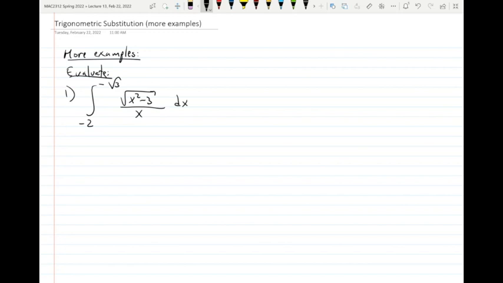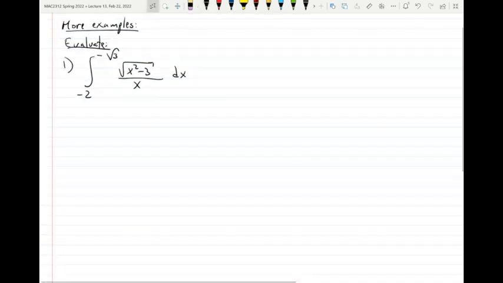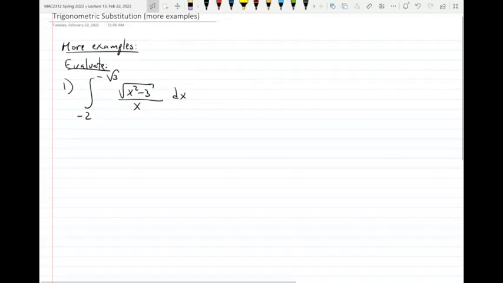Last time we did the same integral, but it was from square root of 3 to 2. Now I'm changing the limits. I'm making them negative. We're going to do this one, and then two more. The substitution is very similar to what we did last time. So I'm going to begin the process.